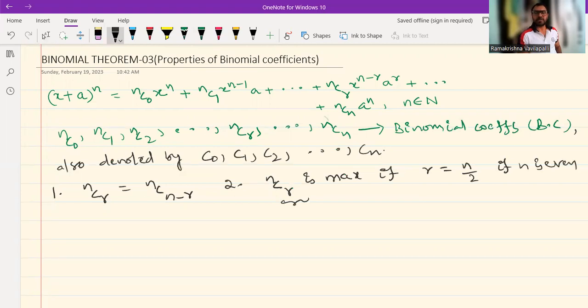This is very important. Among all binomial coefficients, which one is maximum? So nCr is maximum if r equals n/2 if n is even.